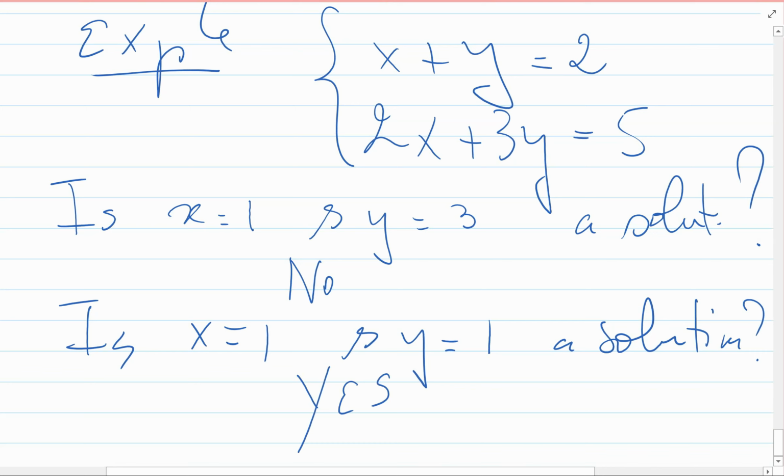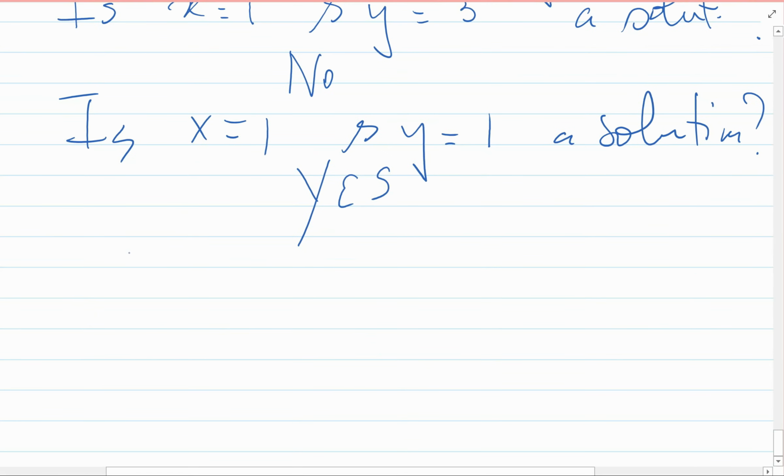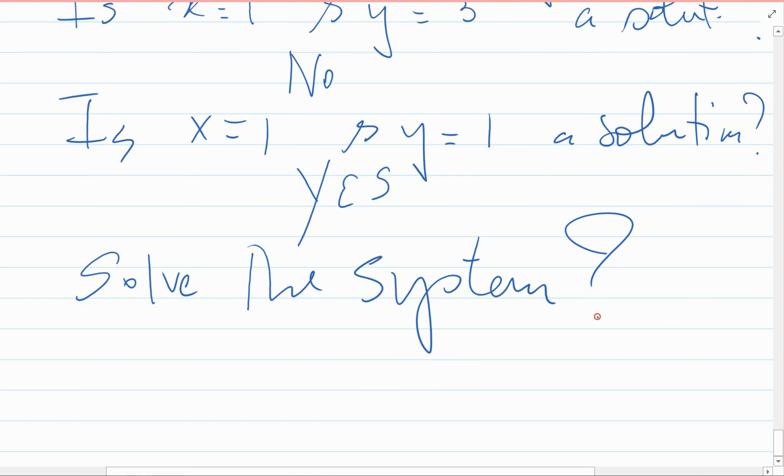But you see, this here is simple, to check if something is a solution. If somebody asks you to solve the system, be careful. Solve the system, that's a different problem altogether. It's very easy to check if something is a solution.